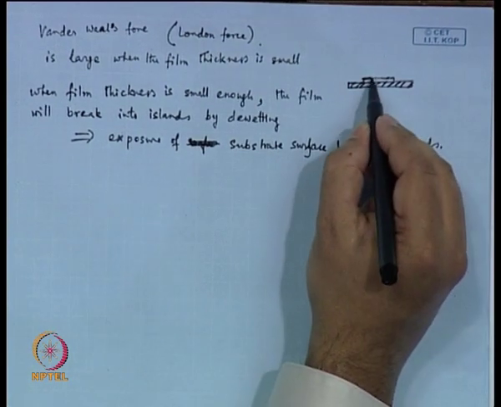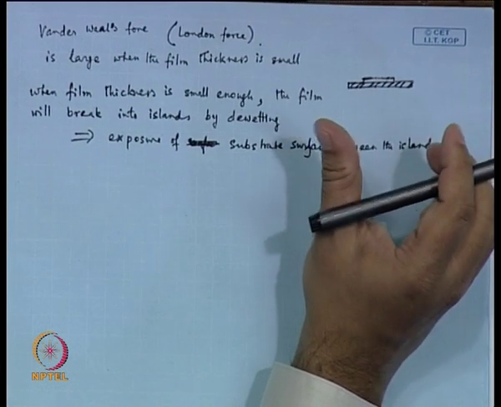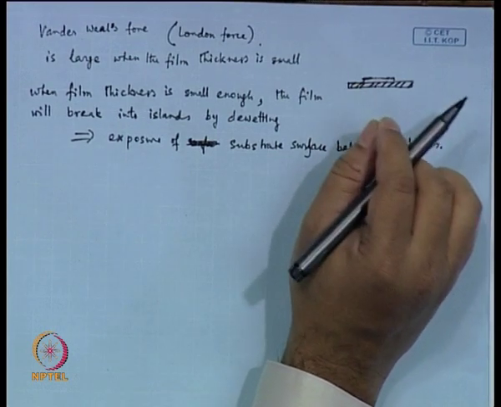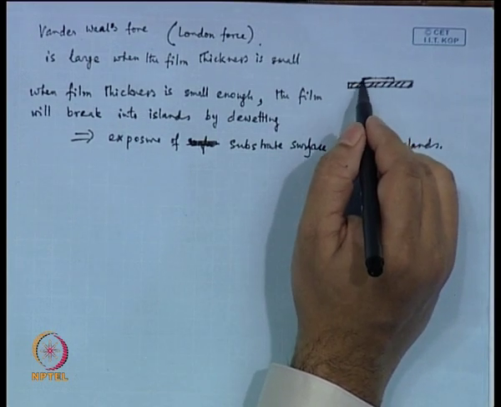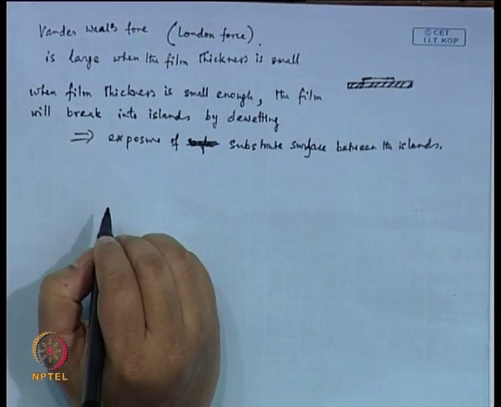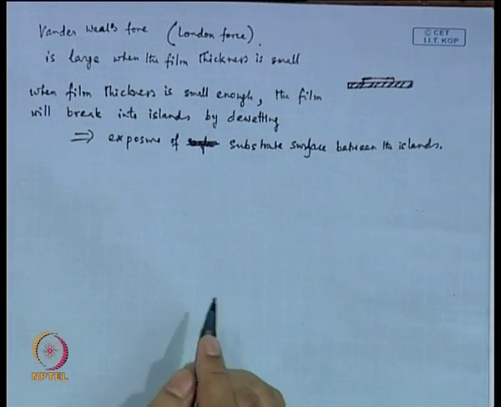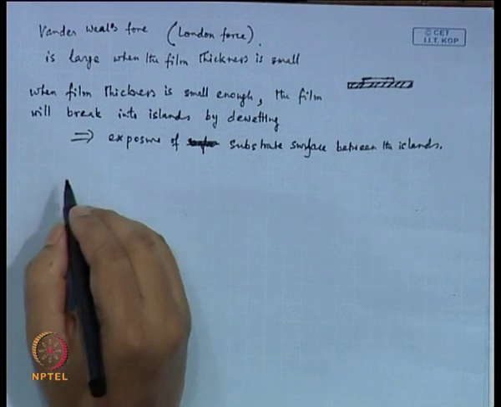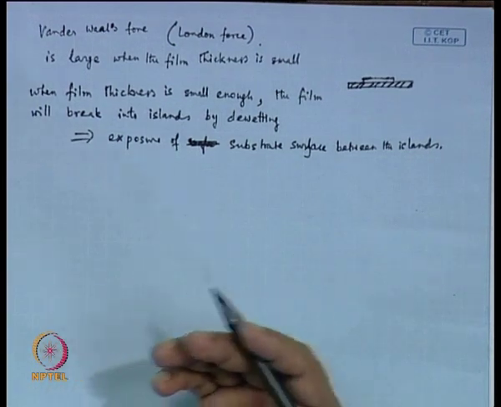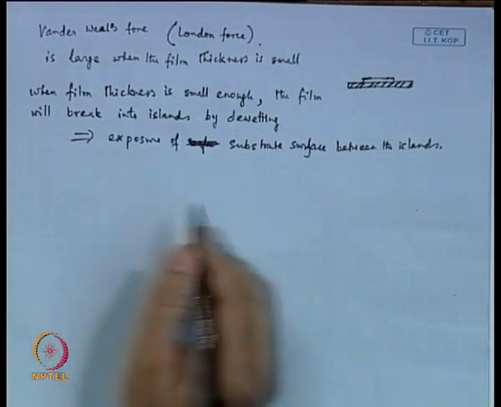That means this film will start breaking into islands, and between these islands the substrate surface is getting exposed. So, this film is breaking. All right. This dewetting phenomenon is used to fill sub-micrometer channels, when the feature size is smaller.